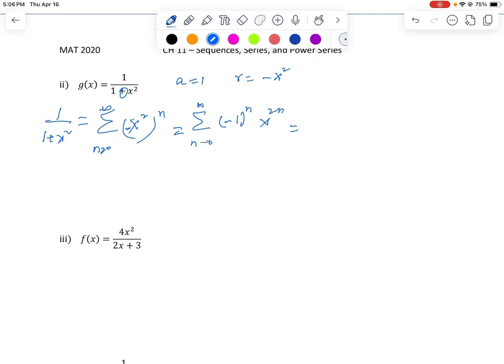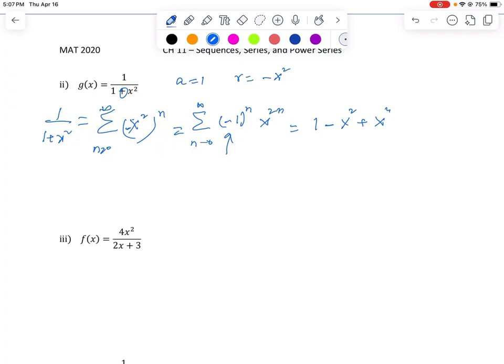So the first n is 0, which gives me 1. When n is 1, I'll get a negative sign, and then x squared. Then we will have a positive, and the next value for n is 2. So when n is 2, we have a positive sign from the negative 1, and then x raised to the power 2n, which is 2 times 2, 4.